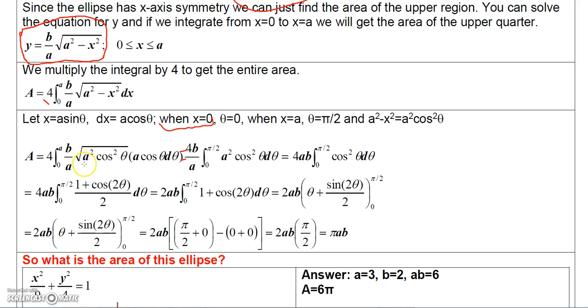And now let's see what would happen here. So if I take this out of the square root, I'll have a cosine theta, and then times another a cosine theta. So that would give me a squared cosine squared theta d theta. Okay, now let's go ahead and multiply the 1 over a back through. Let's see, is that what I would get?